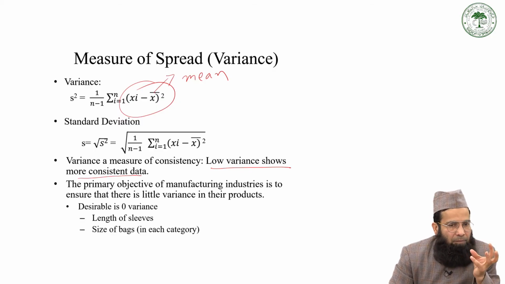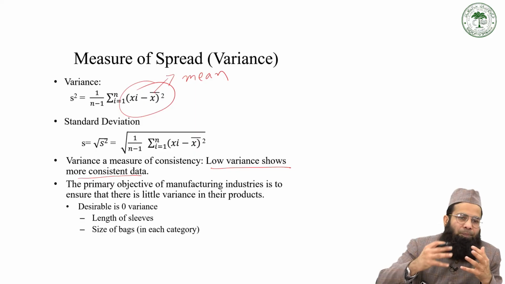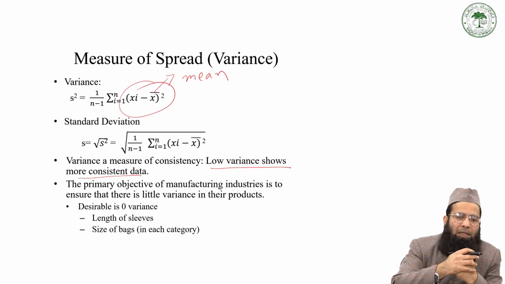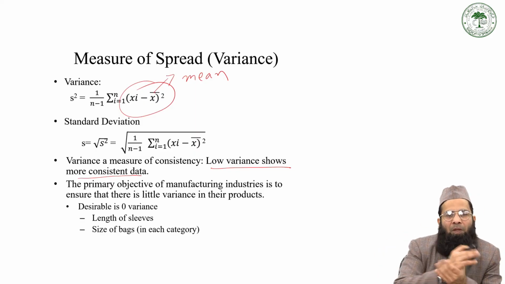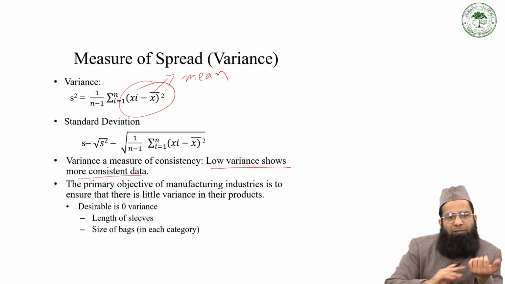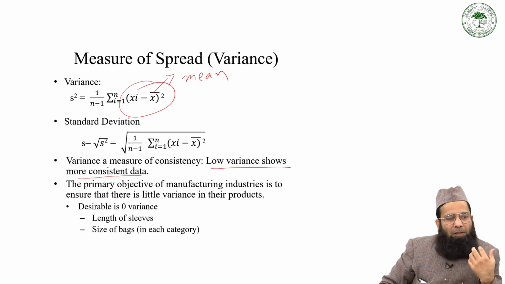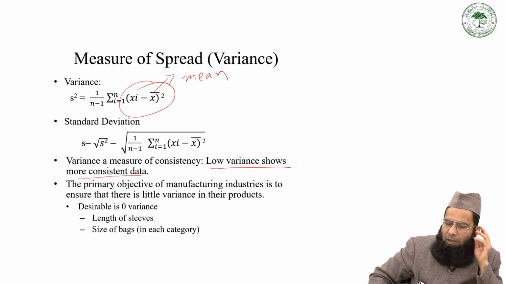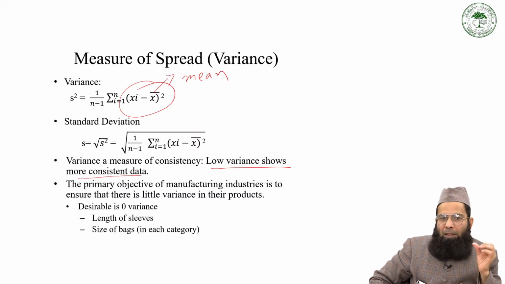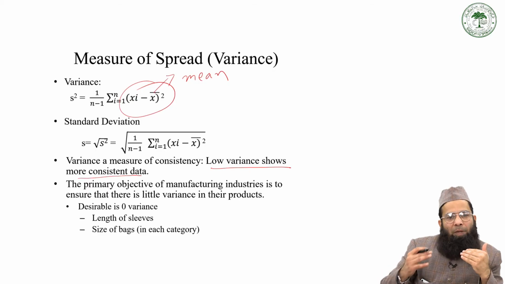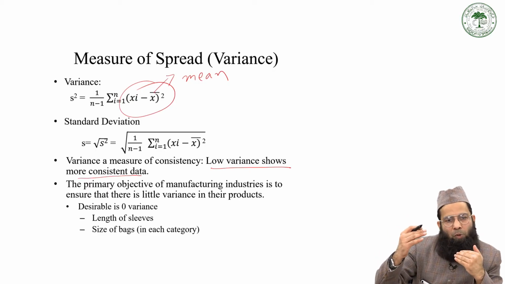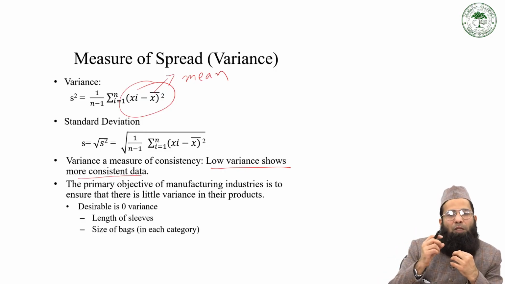Suppose there is a company manufacturing shirts, and they want to have variance 0, because they do not want the shirt's length to be more than what they have decided. So for the length of the sleeve, in this case, the desirable variance is 0.